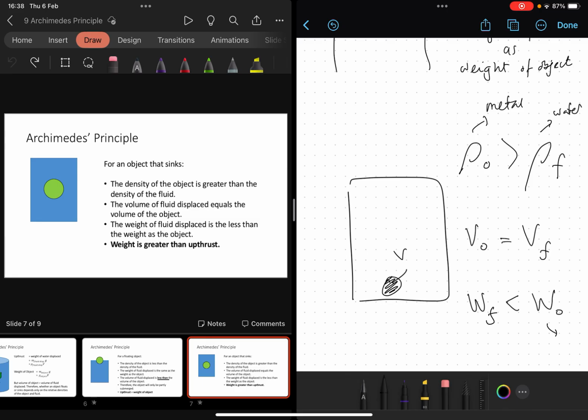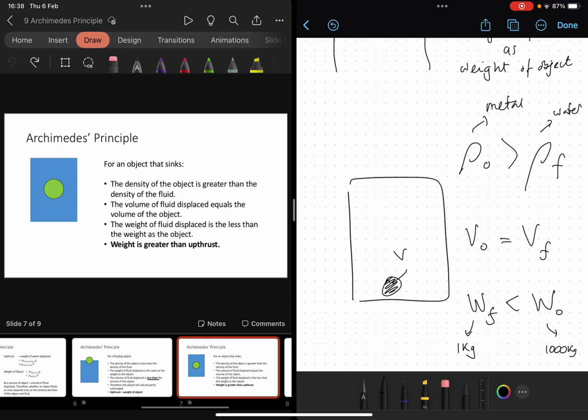So if the object is a piece of steel and it's 1,000 kilograms, when we displace that volume associated with that object, it might only represent 1 kilogram of water. Okay, so therefore the weight is greater than the upthrust, and therefore that object sinks.